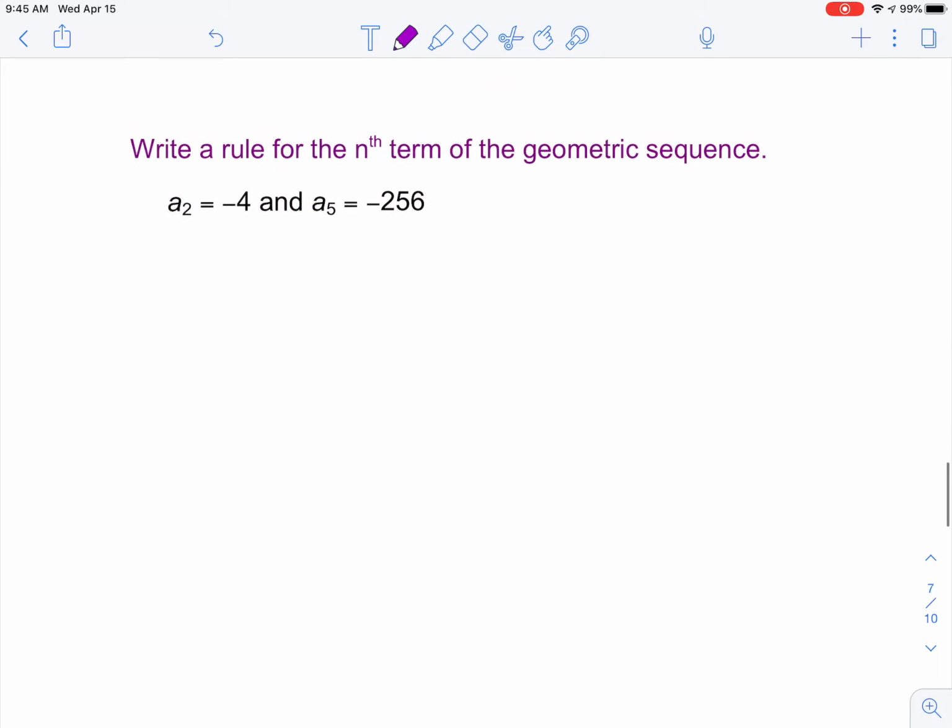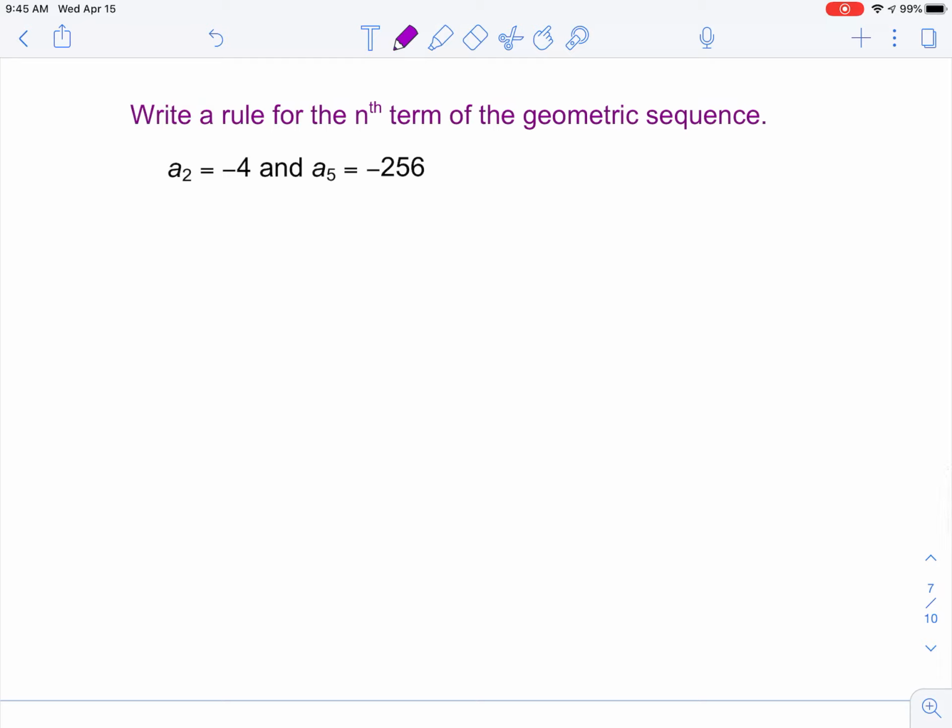Okay. We have a few more problems to do. Write a rule for the nth term of the geometric sequence. Okay, so my a sub 2 is negative 4. My a sub 5 is negative 256. Here's something that you need to know.